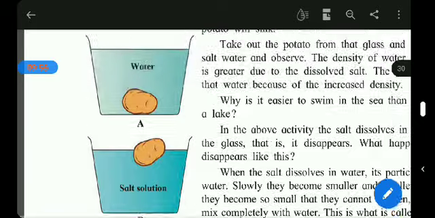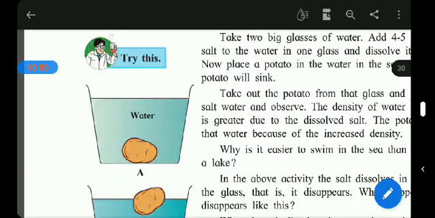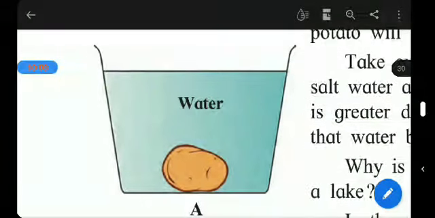Okay, and what experiment are we doing? We have placed a potato into the first glass, glass A, which does not contain any salt. What we observed is that the potato sinks. It went to the bottom of that glass.